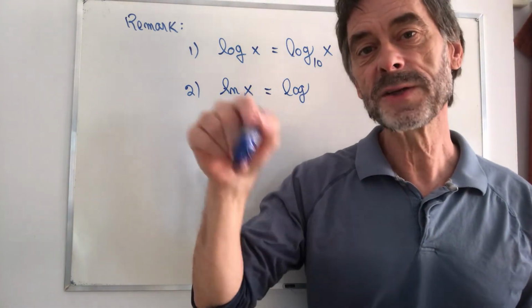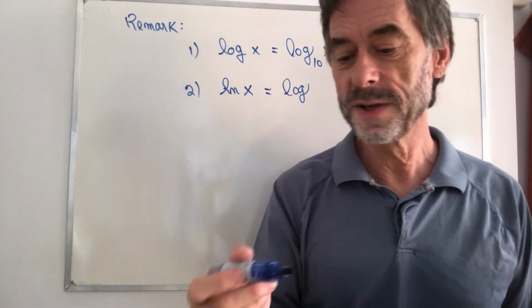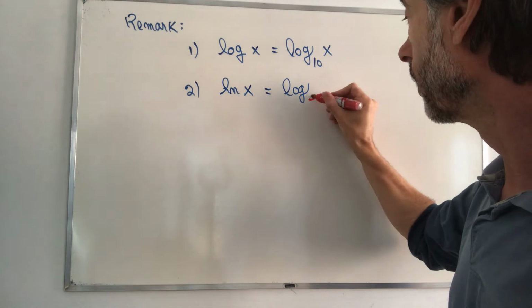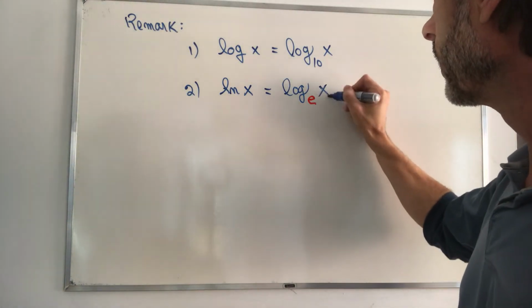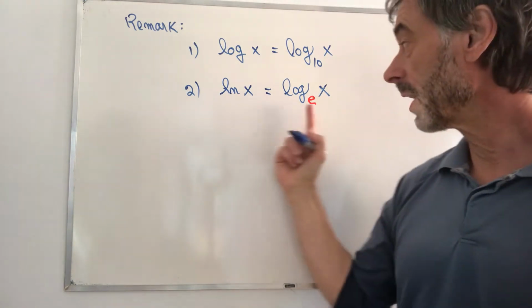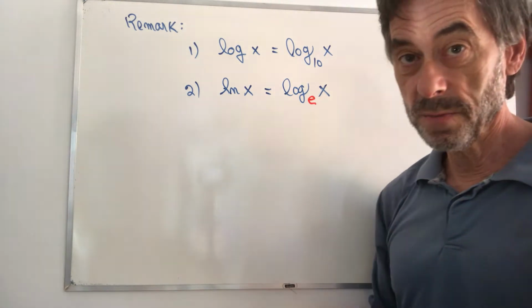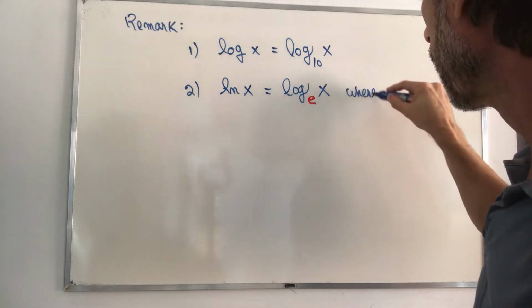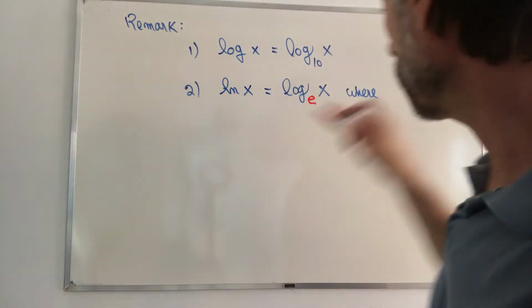Well, it's the same special number that we spoke of when we talked about special numbers and exponentials. This is the number e. Yes, so when you see ln, I'd like you to think that it's a log to the base e, where e is the same number as before.